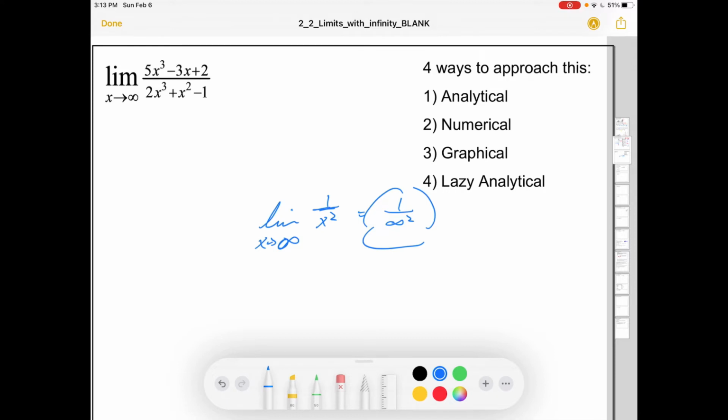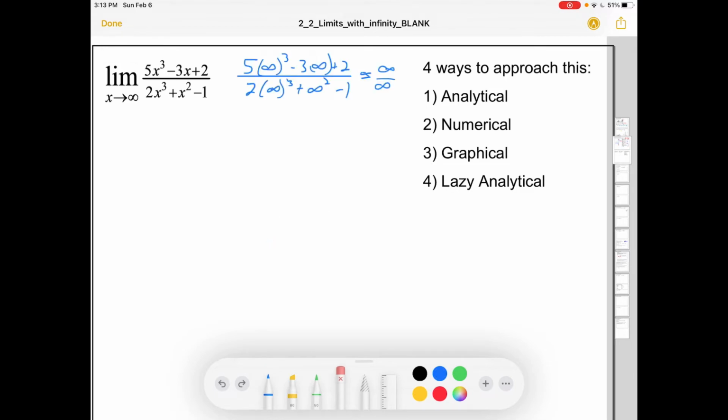If you have one chocolate cake and you have to split it between infinity people, everybody gets next to nothing, right? The limit here is going to be 0. So when we have them written this way, as fractions with the x on the bottom, things are easier to deal with in infinity land. And that gives us sort of a full-service analytic way that we can take a look at this.